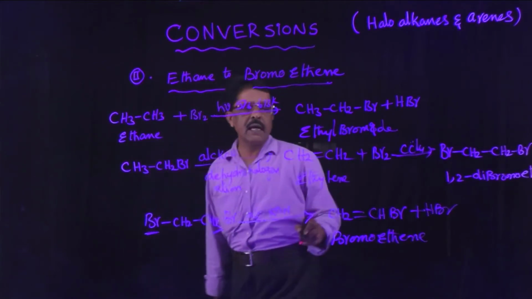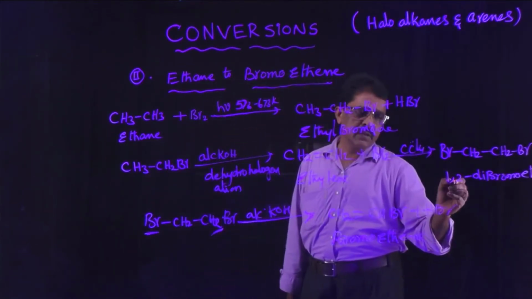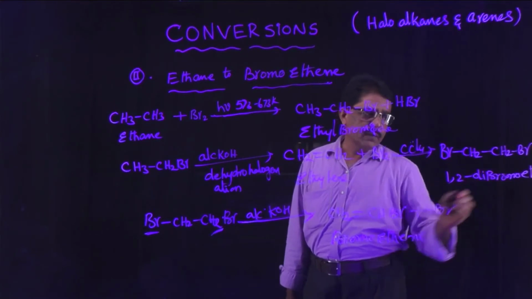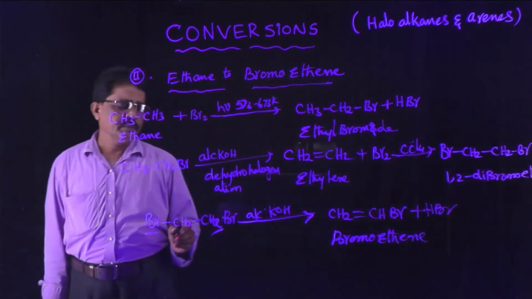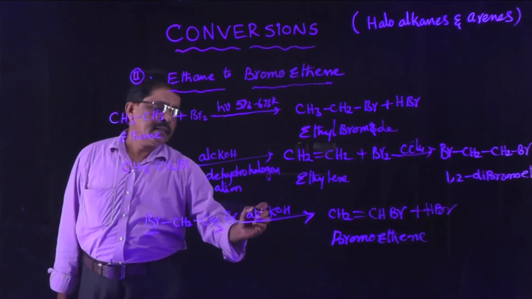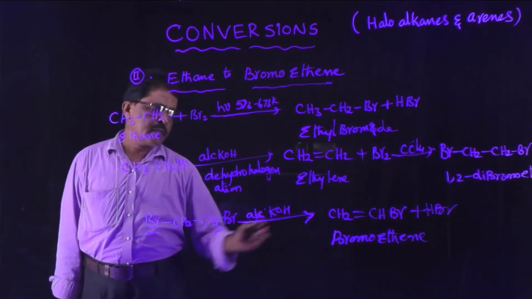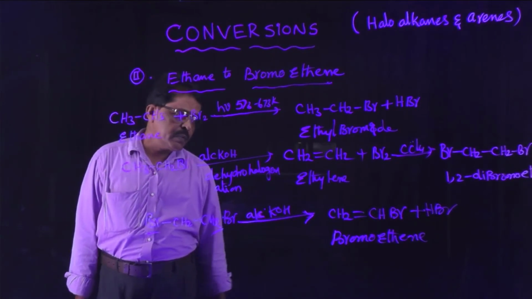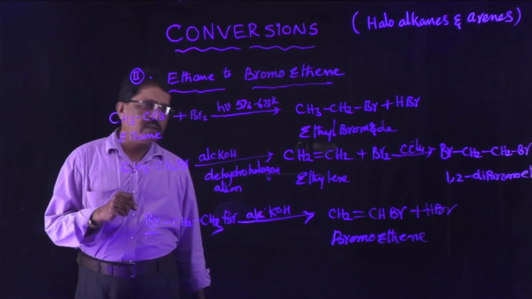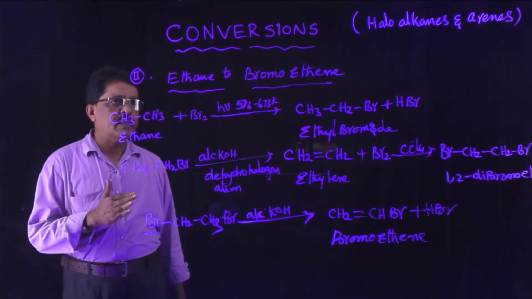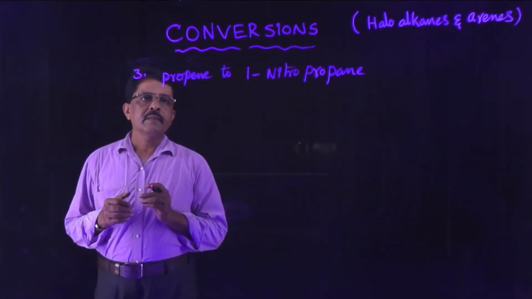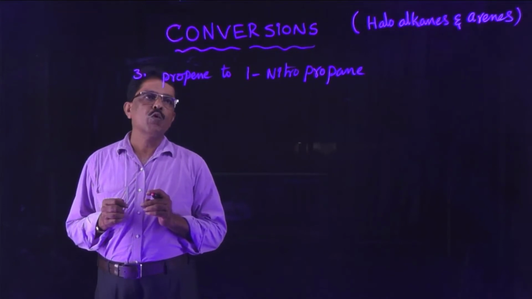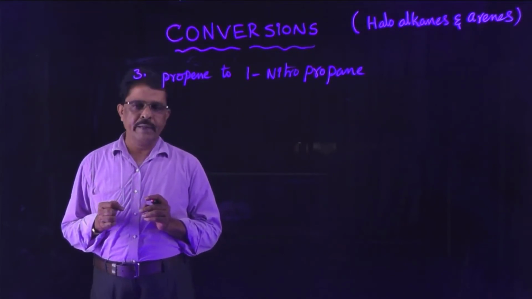Again you add bromine to get 1,2-dibromoethane. This 1,2-dibromoethane is again treated with alcoholic KOH. Then we will get bromoethene, the desired product from ethane. Right? Understand?